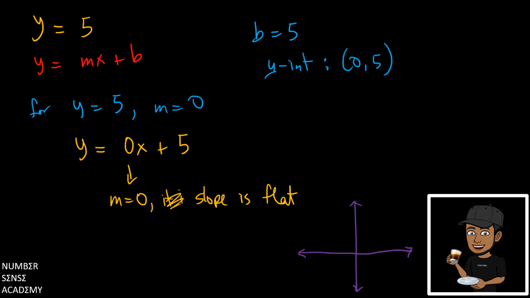So what I do, I locate, so there's 1, 2, 3, 4, 5. So I find 0, 5, and I just draw a line to that point, parallel to the x-axis.